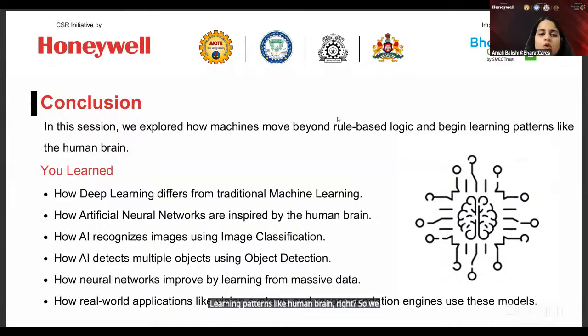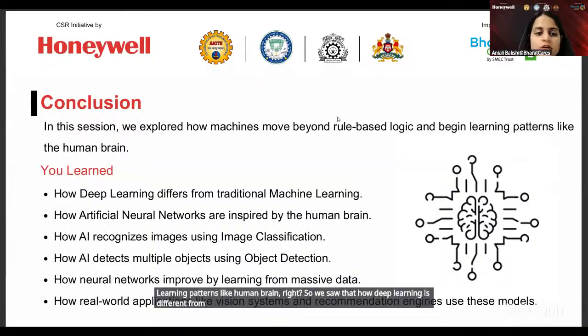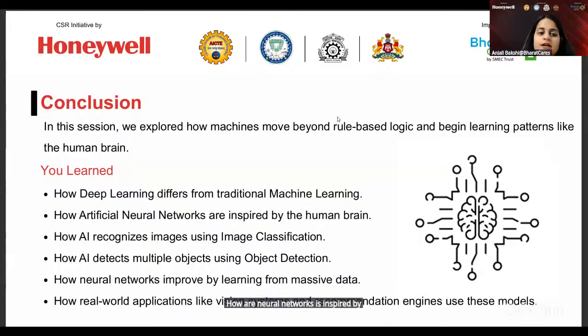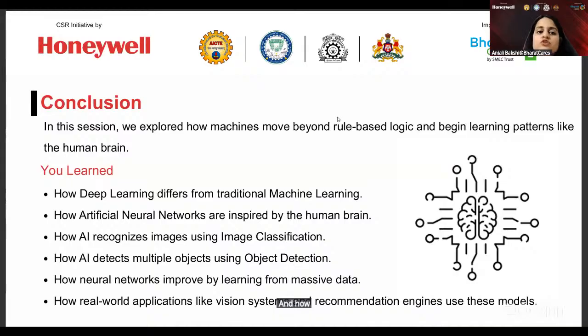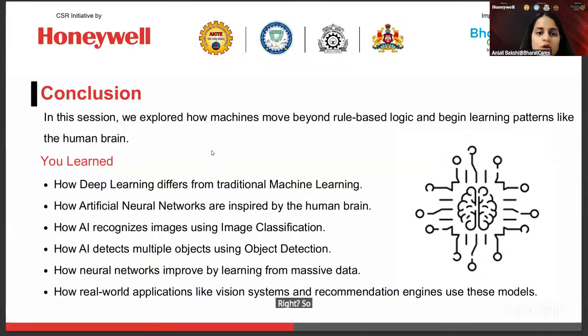We saw how deep learning is different from machine learning, how neural networks are inspired by the brain, how AI does image classification and object detection and the difference between the two, and how neural networks are helping us in real world problems like self-driving cars or traffic detection. So we are open for questions.